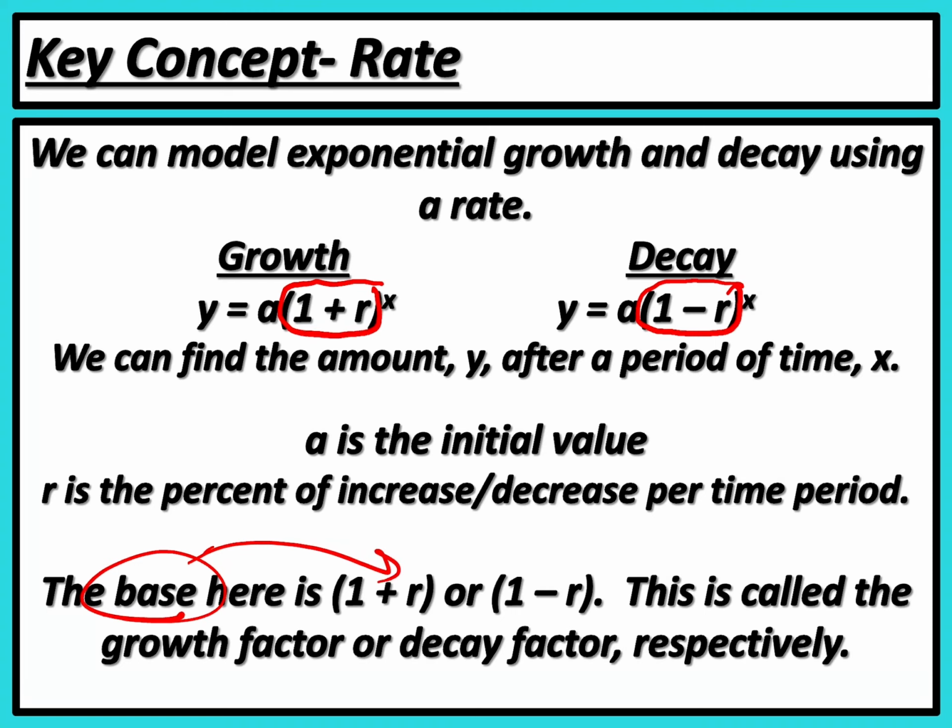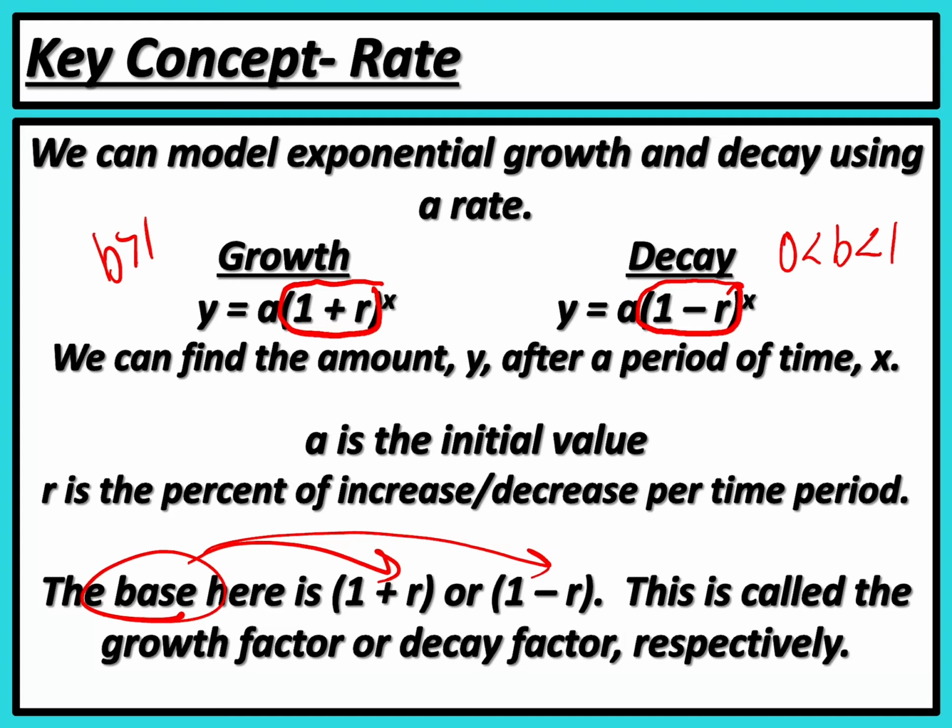The base here is either 1 plus r or 1 minus r, and we differentiate which one to use depending on if the problem indicates growth or decay. Growth is going to be plus because we know growth has a base that's greater than 1, and decay is going to be minus because we know that's in between 0 and 1. We get those fractions or decimals for decay. So it's important that we choose correctly if it's plus or minus.